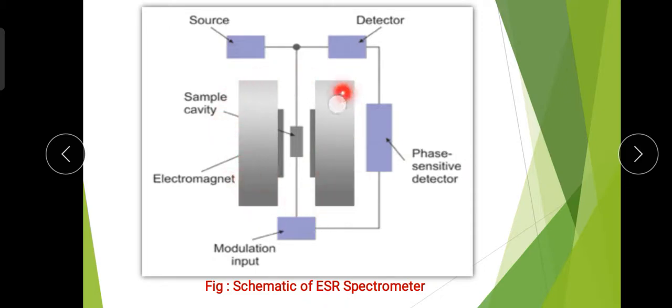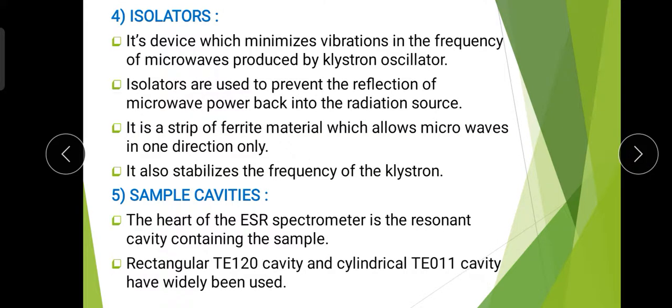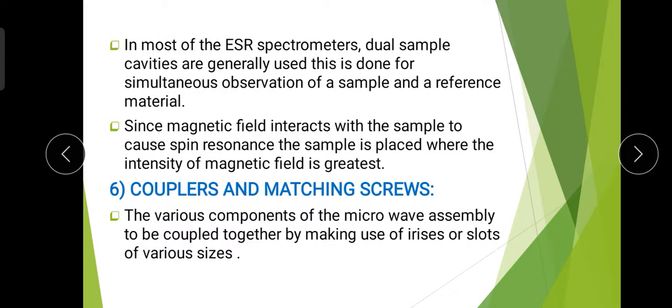This electromagnet generates a strong and uniform magnetic field, but at the center the field is strongest, so the cavity is placed in between the center of the two electromagnets. So here we get the maximum magnetic field. This magnetic field interacts with the sample and we get the corresponding ESR spectra.